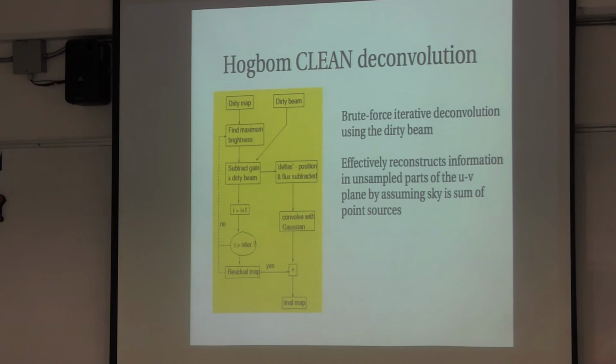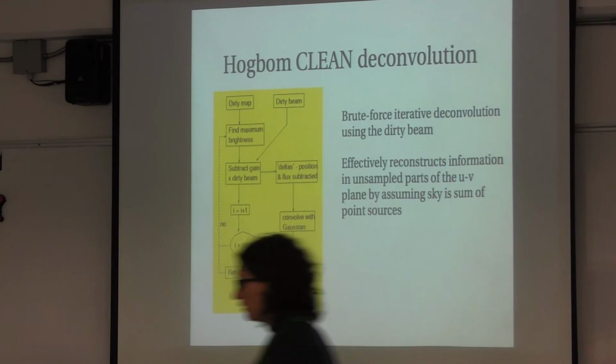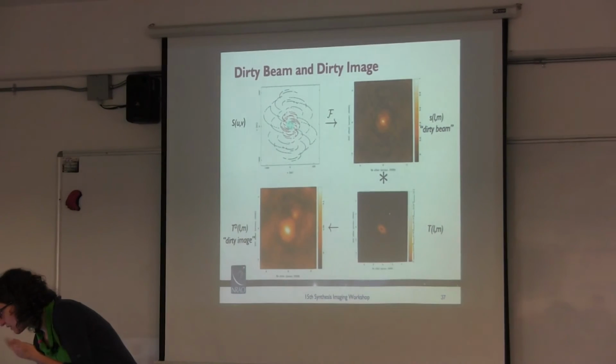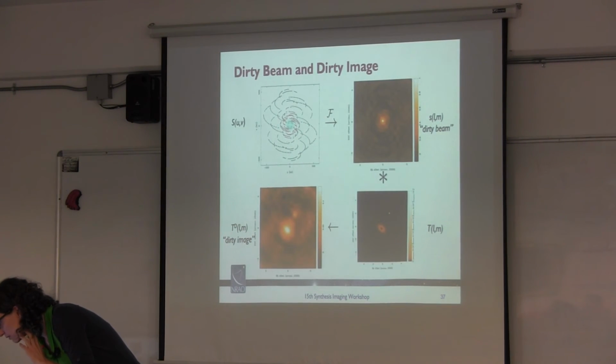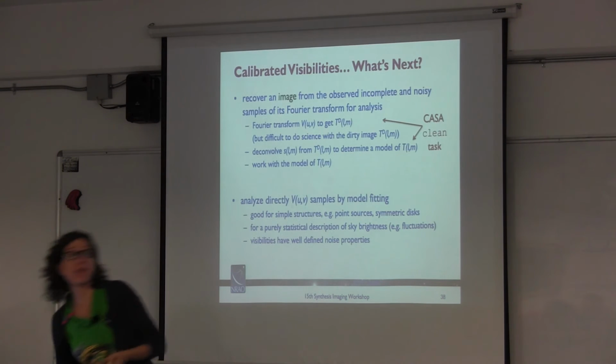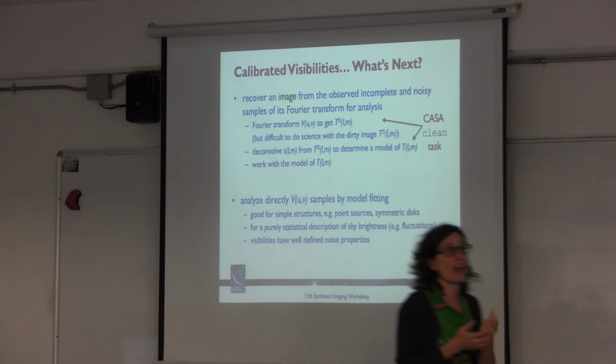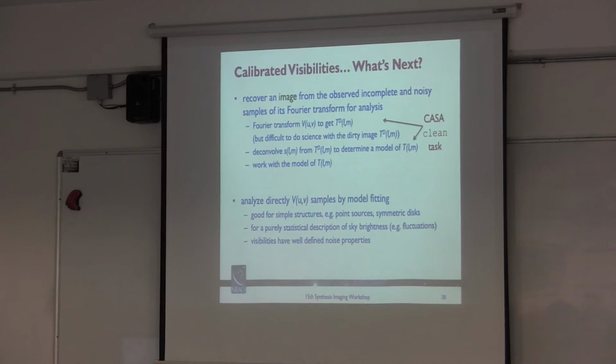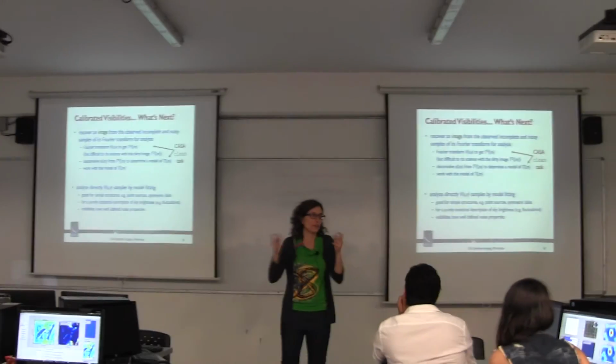The idea is that you just get bright enough clean components in your image. Imagine that you just have a point source in the sky, and then your dirty image will be exactly the dirty beam.